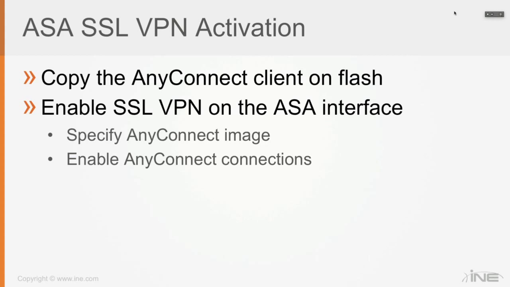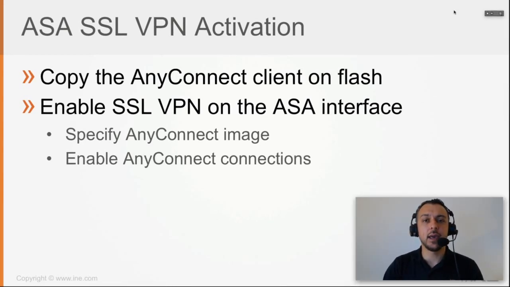To specify the AnyConnect image to be used by all SSL VPN sessions terminated on the ASA, you need to have the AnyConnect client installed on the flash of the ASA. And there are different versions for different operating systems. So if your remote access clients are Linux, Mac and Windows computers, you're going to have one client for each of those 3 operating systems, which you need to copy to the ASA flash and install to be used by the ASA for AnyConnect connections.